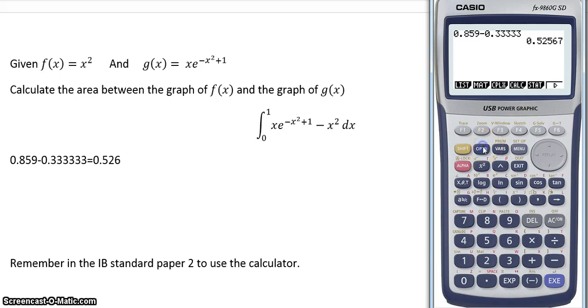Go to Options, go to Calculus with F4, and go to Integral with F4 again. Put everything you see here with the minus and everything. So you put x times e to the power of minus x squared plus 1, close the bracket, minus x squared. Now write the limits after a comma, from 0 to 1, and now close the bracket for the integral.